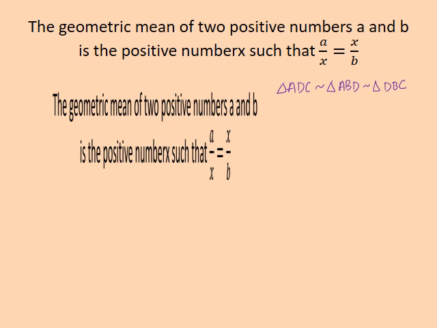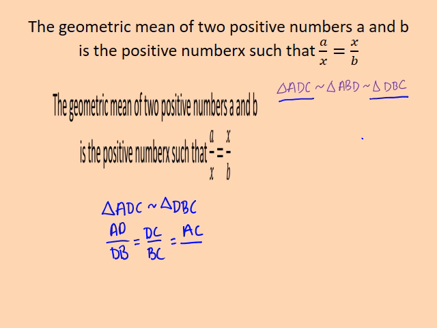Now that we have determined one geometric mean relationship, let's look at the similarity statement between ADC and DBC. If ADC is similar to triangle DBC, let's set up the proportionality statement for these similar triangles. AD divided by DB equals DC divided by BC equals AC divided by DC. In this situation, we noticed that DC is in the numerator and the denominator in this proportion, so it occurs twice.